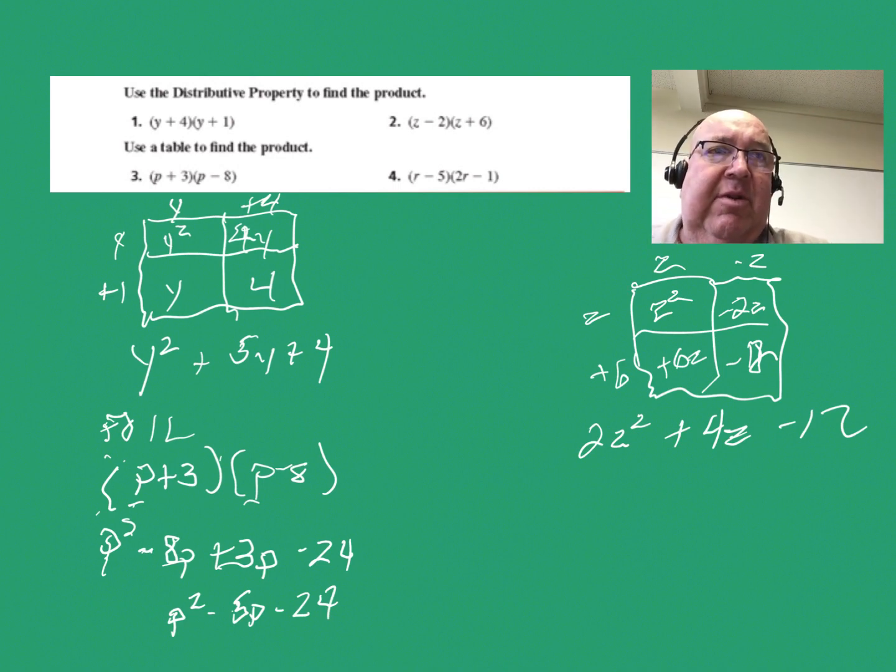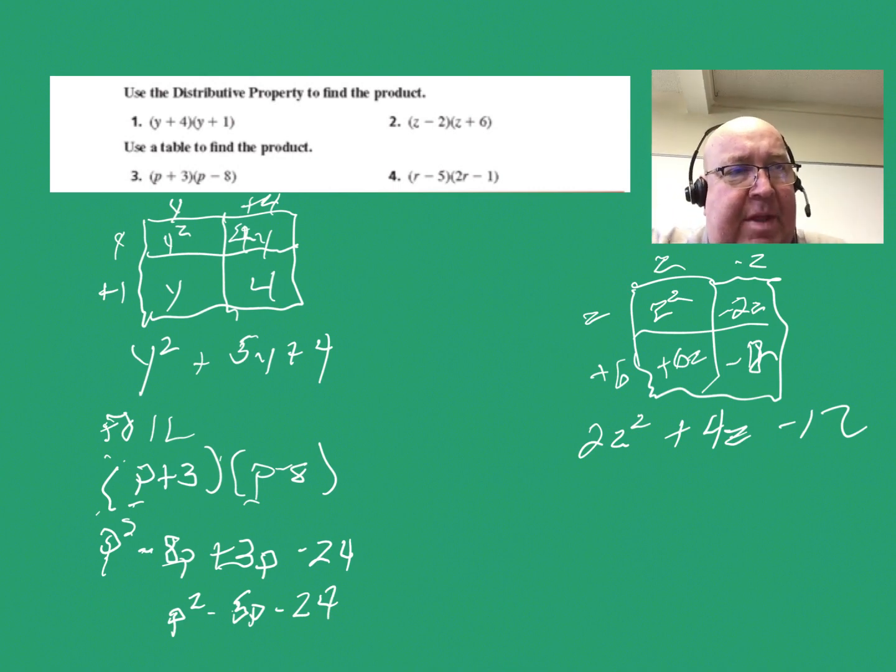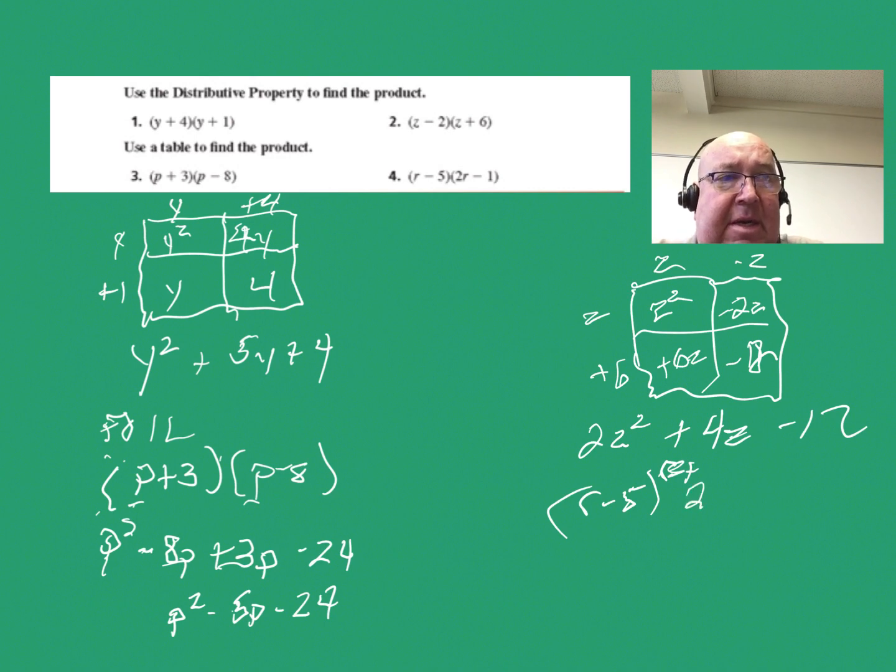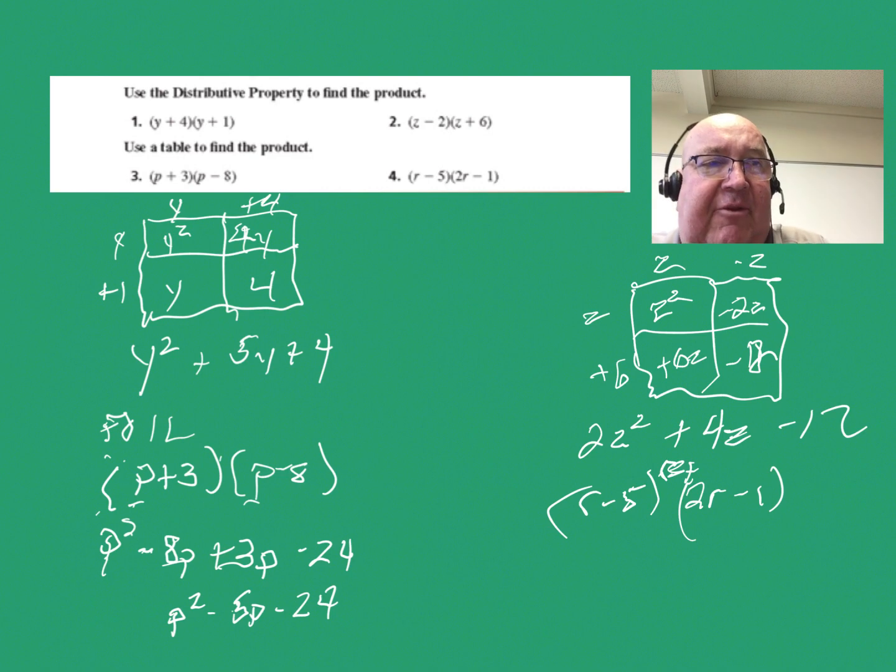Do one more with the FOIL method. Have r minus 5 and 2r minus 1. First terms, r times 2r is 2r squared.